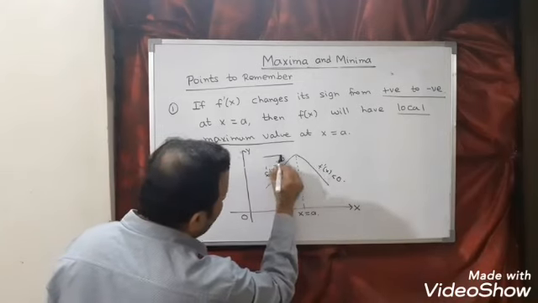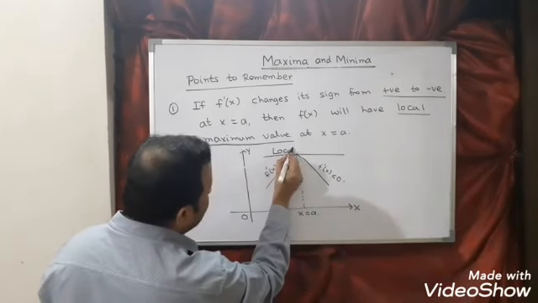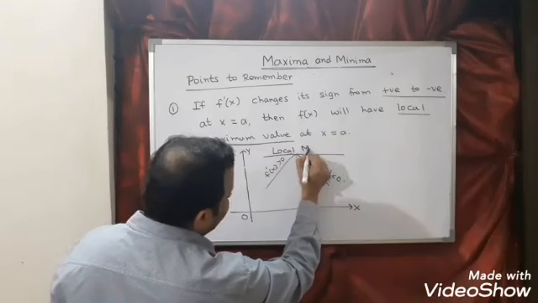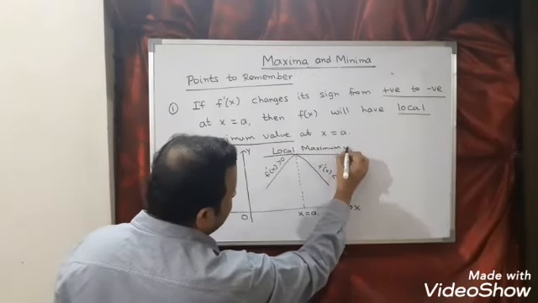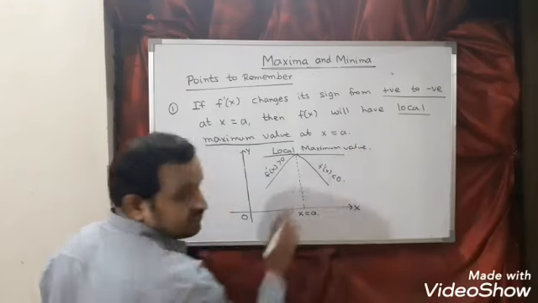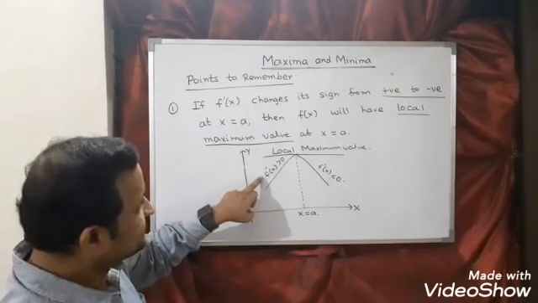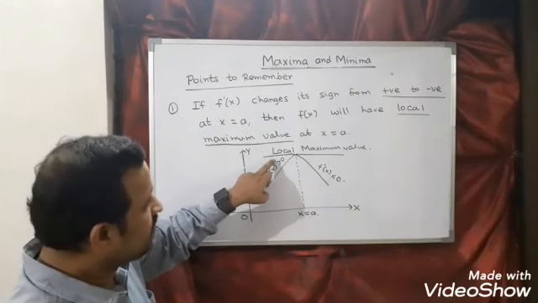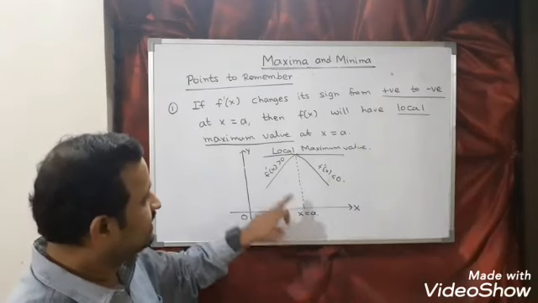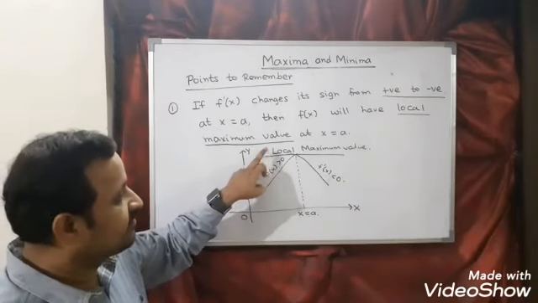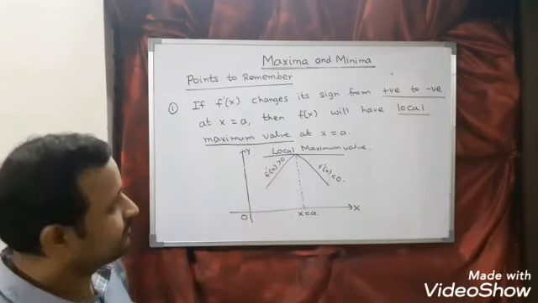So this point is said to have a local maximum value. So the first point is saying if f dash x changes its sign from positive to negative at x is equal to a, then the function will have a local maximum value at x is equal to a.